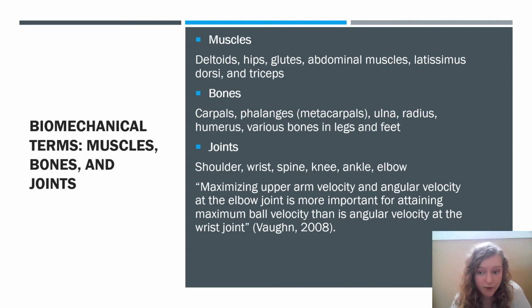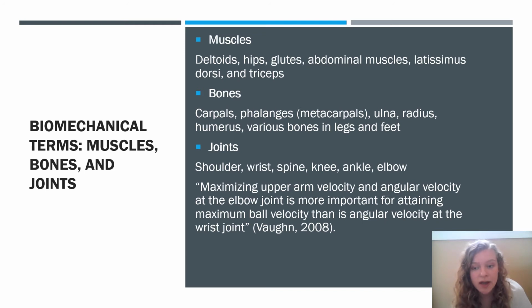For joints, you're going to have your shoulder joint, which is that ball and socket joint that allows that really good range of motion. You're going to have your wrist, spine, your knee, ankle, elbow, and when you are wanting to maximize the upper arm velocity and the angular velocity at the elbow joint, that elbow joint is going to be more important for getting your maximum ball velocity than the angular joint at the wrist.